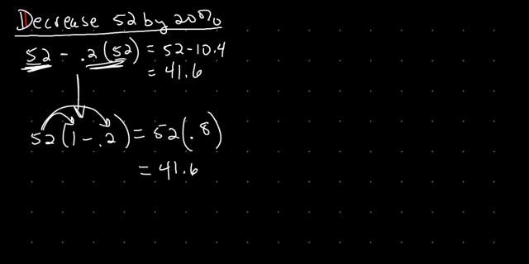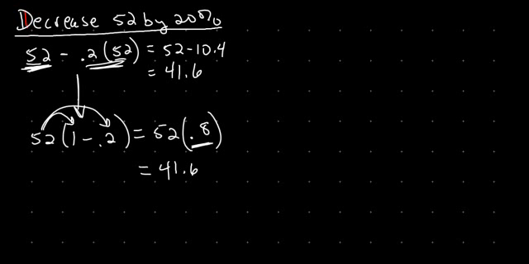But what I want to do is make it make sense. When I decrease 52 by 20%, what's originally 52 is my 100%. So when I decrease by 20%, what's left is 80%. That is 0.8 times 52. So to decrease 52 by 20%, we simply find 80% of 52.